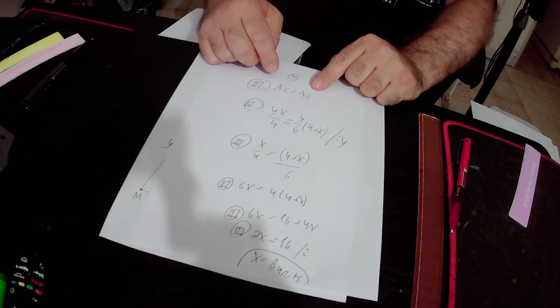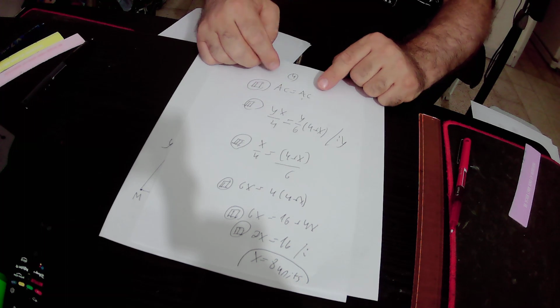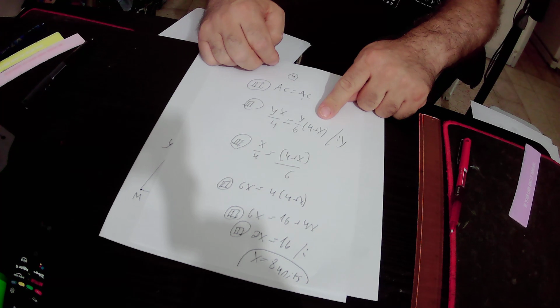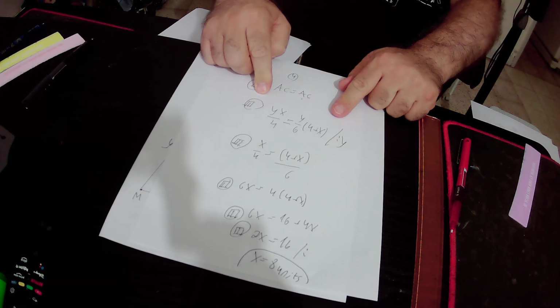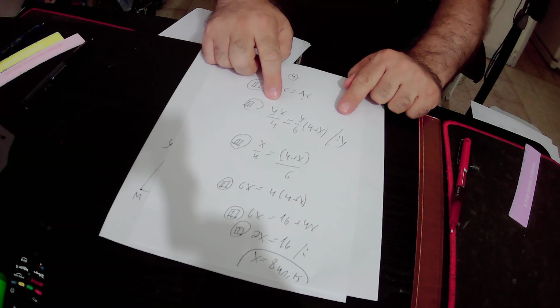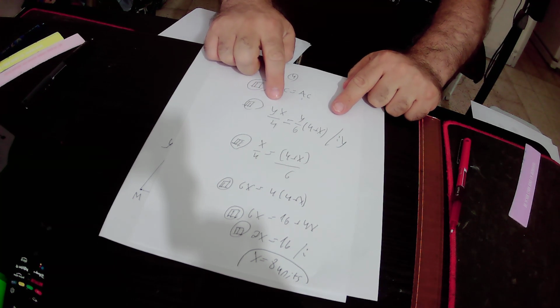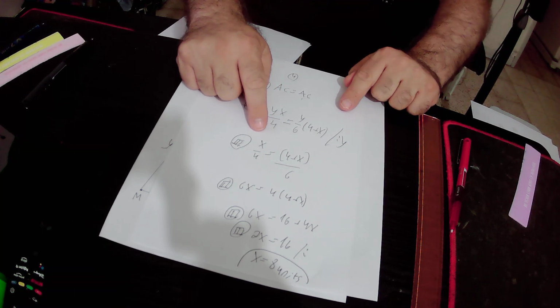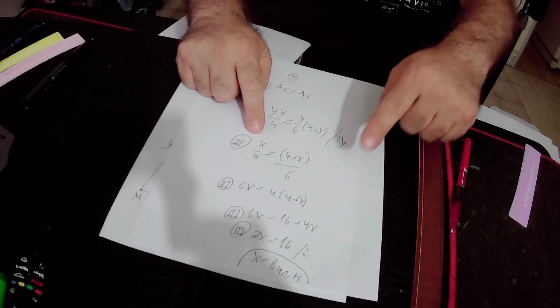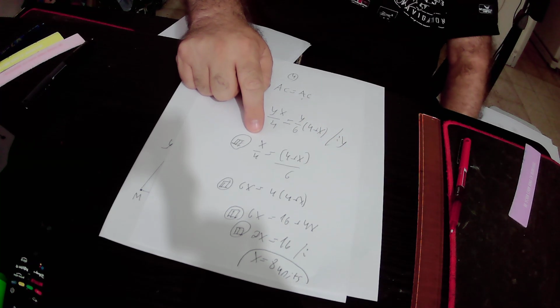We got this equality and solved it. Here we have only one variable because we can divide by y. After we divide by y, the only variable left is x, and we found out that the value of x is 8 units.